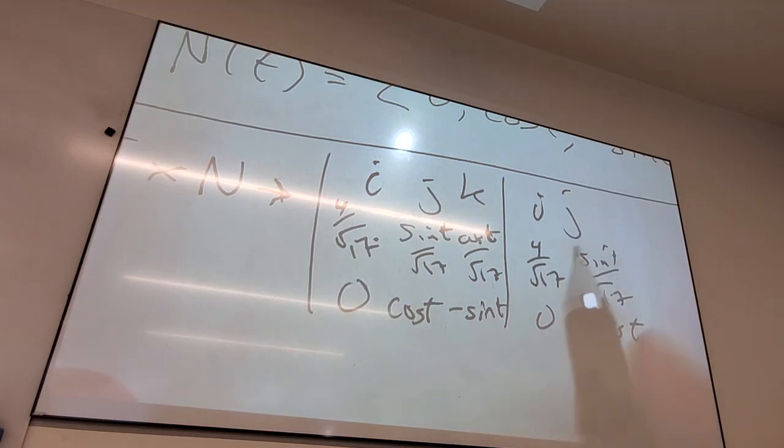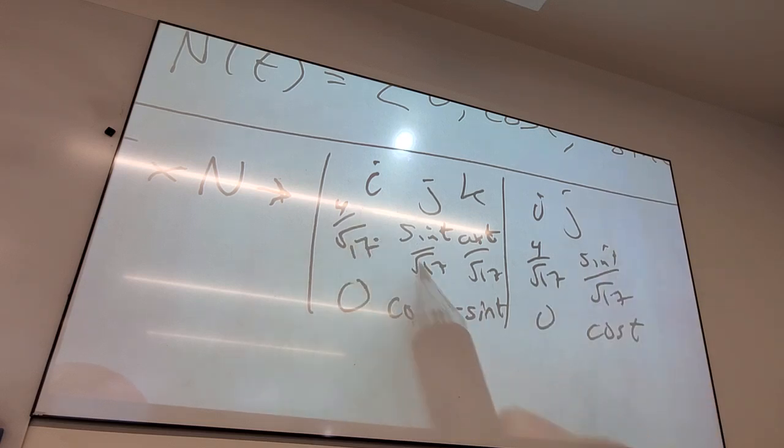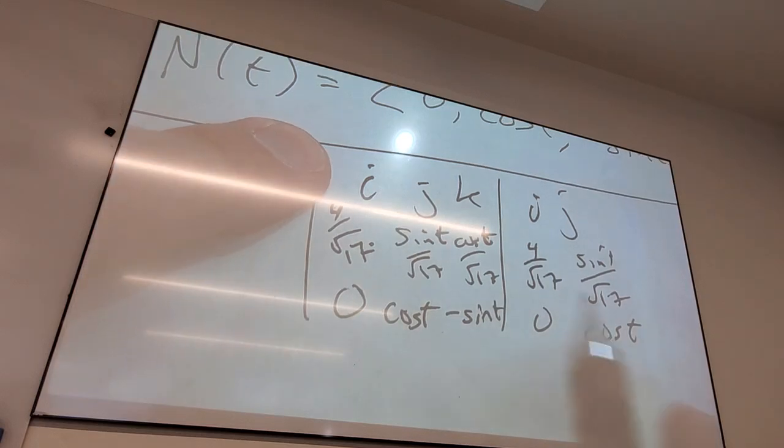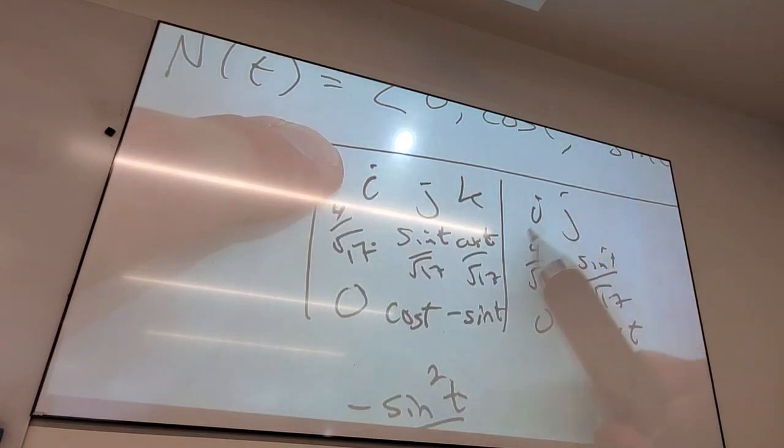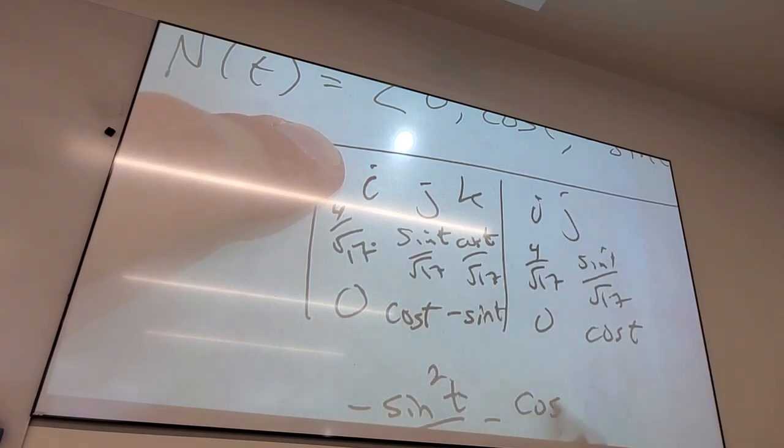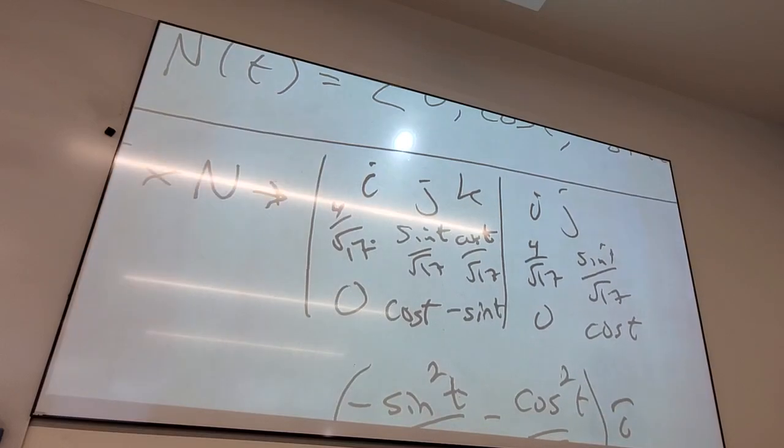And now, all right. So what I get here for the i's, 4 over root 17 cosine minus cosine over root 17 cosine. So I get negative sine squared over root 17, yes? And then this way I get minus cosine squared.